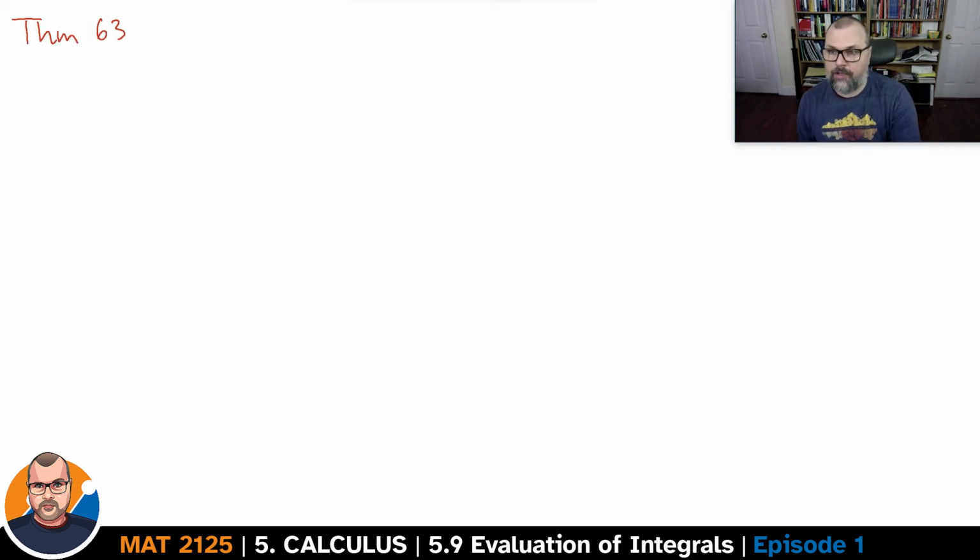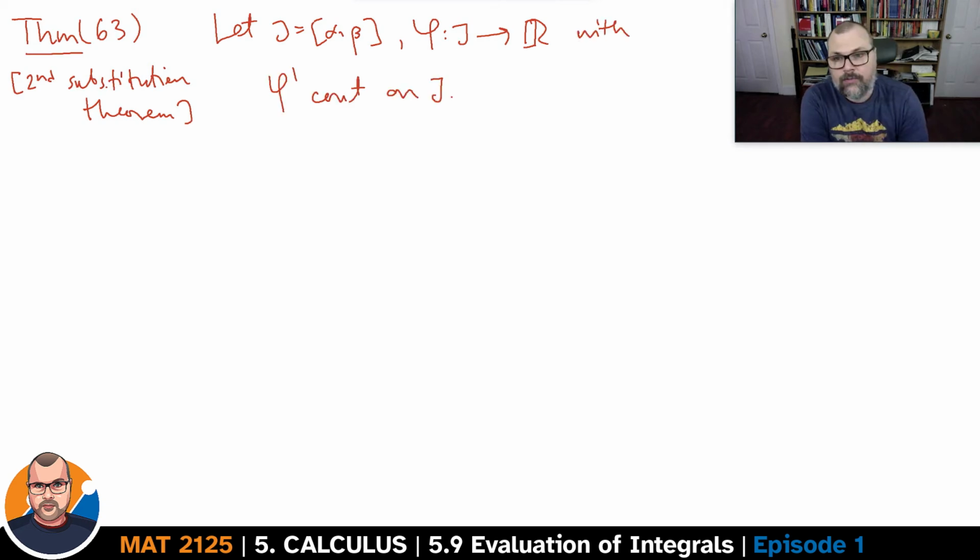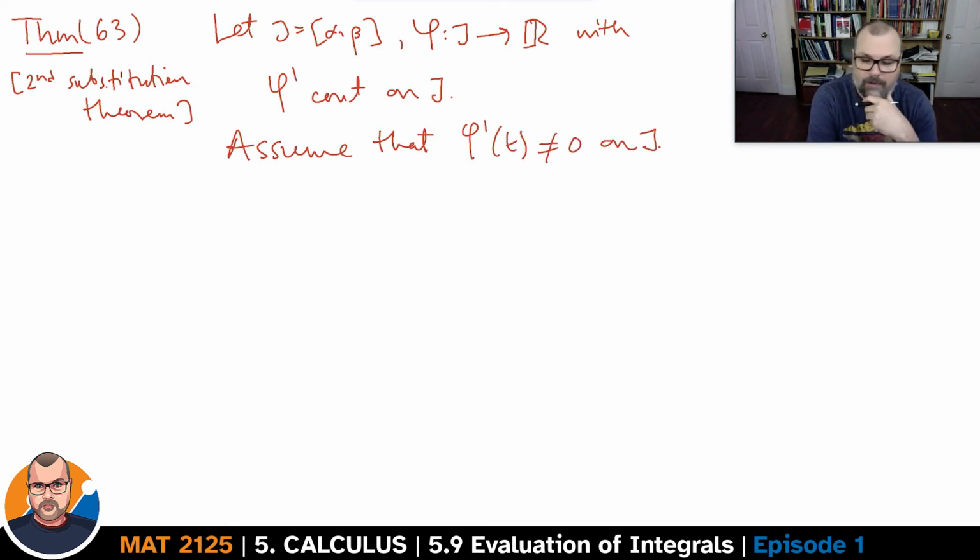Theorem 63, second substitution theorem. So we let j, as before, be some interval alpha beta, phi some function from j into R, again with a continuous derivative on the interval j. Let's assume that phi prime at t is never equal to 0 on the interval j.